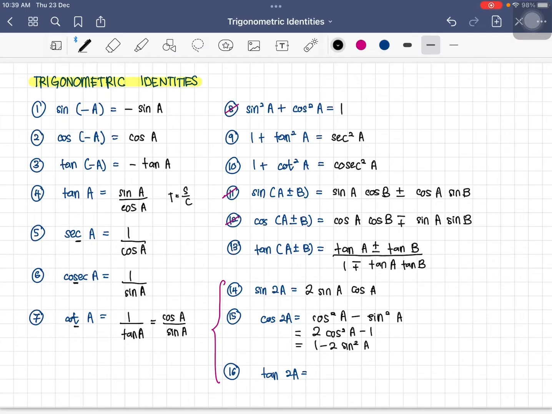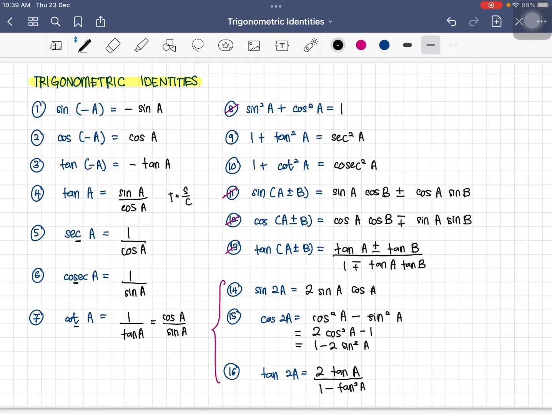And then if we have tangent of 2a, using identity number 13, this will give us tangent of 2a, so 2 tangent of a divided by 1 minus tangent square of a. All right, so that's basically the identities that you have to know when solving this kind of trigonometric equation, trigonometric ratios, and so on.